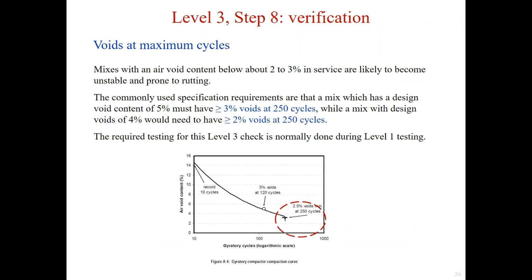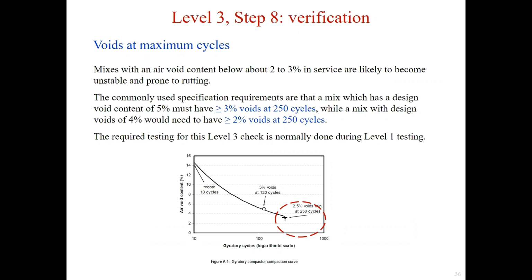Let's look at the air voids verification test first. The air voids content of a mix affects the stability and durability. Experience indicates that asphalt mixes with air void content less than 2 to 3% are likely to be unstable and prone to rutting.